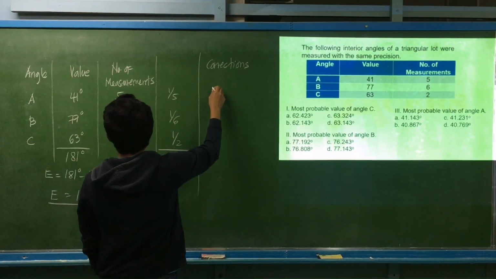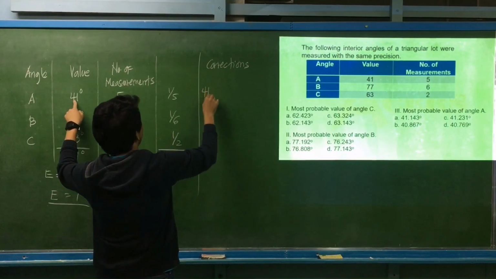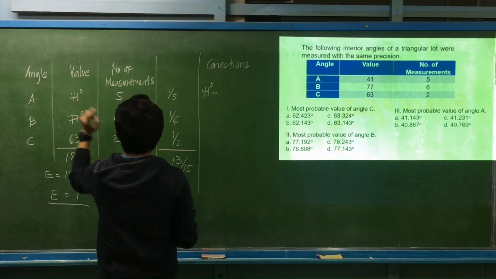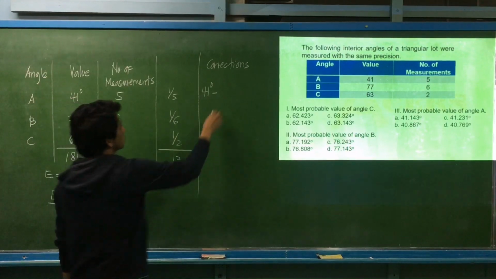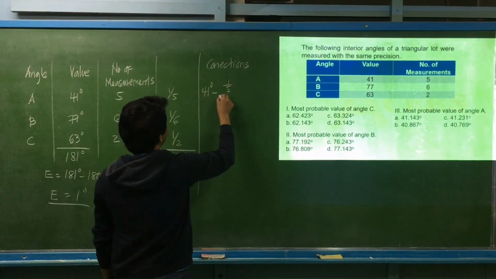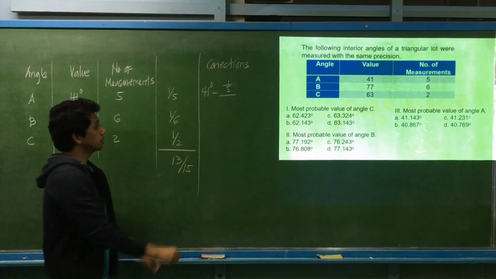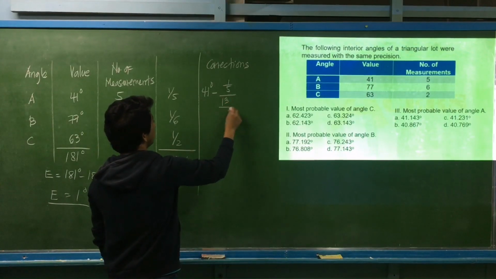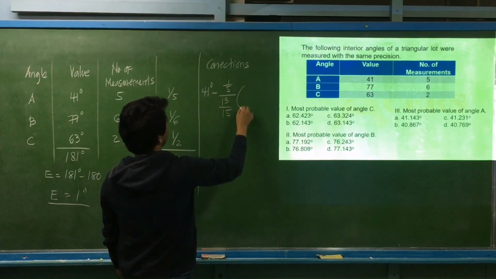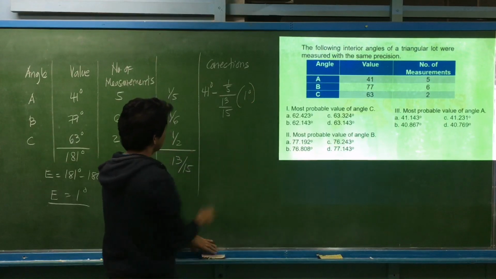We have 41 degrees minus its proportion, 1/5 over the summation 13/15, times the error of 1 degree.